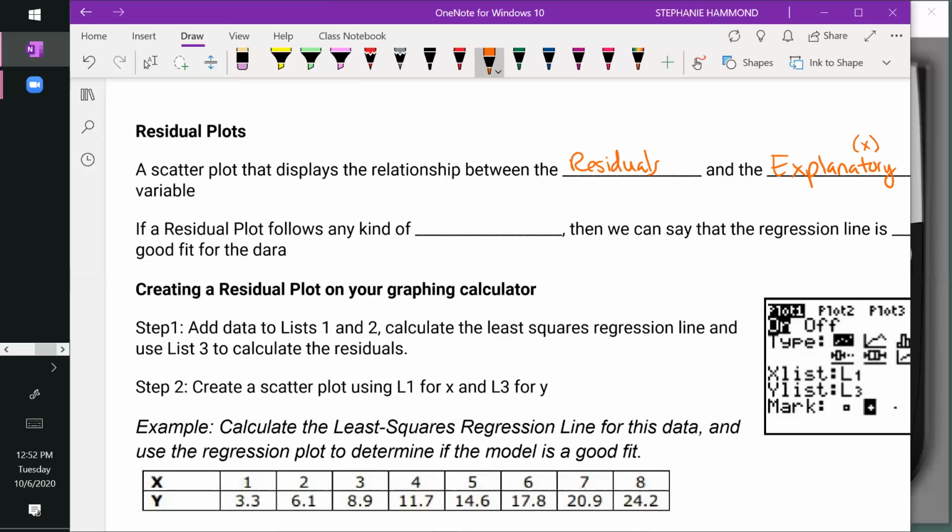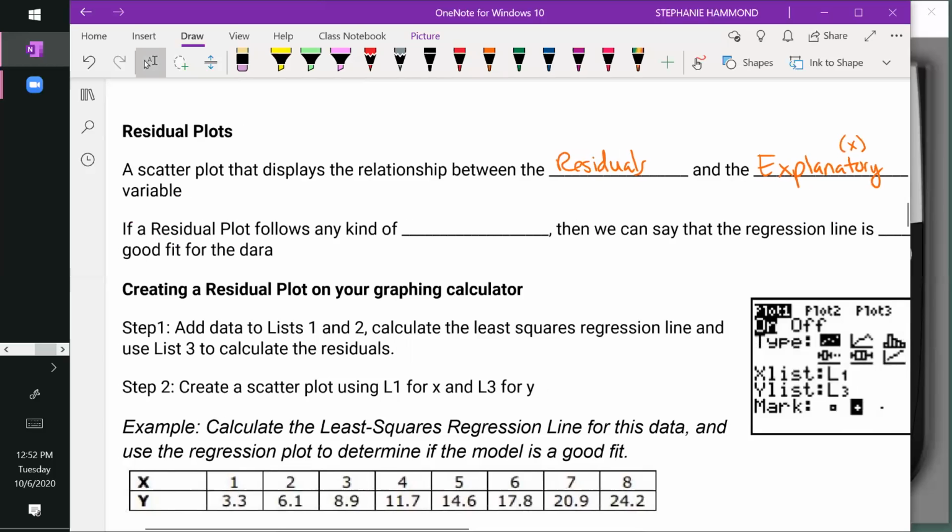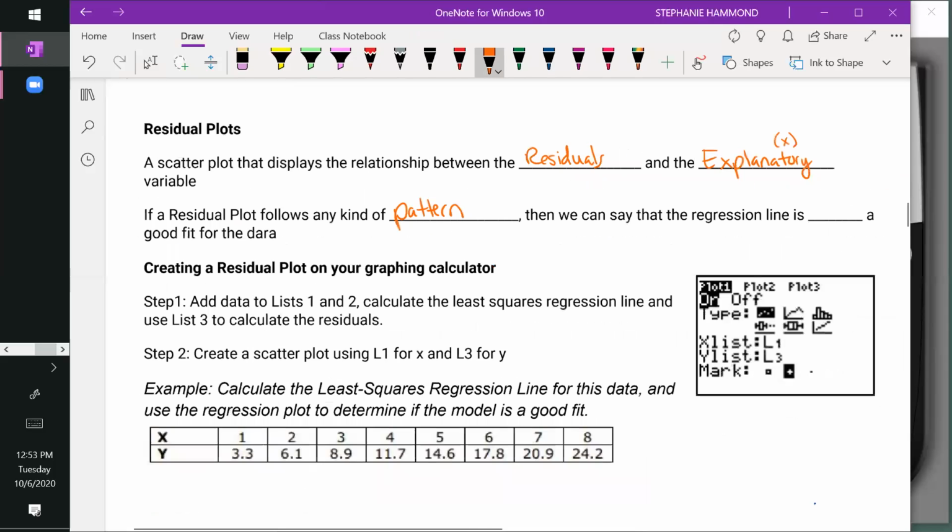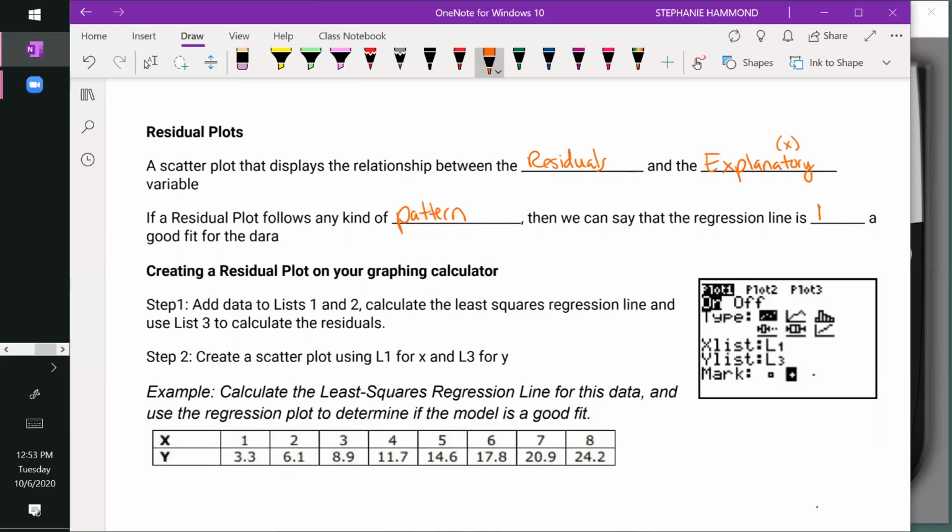A normal scatter plot shows the relationship between your explanatory variable and your response variable. So we're going to go back and change our response variable to be the residuals. And when I look at this residual plot, which is a scatter plot of a sort, if it follows any kind of pattern, then we can say that that regression line is not a good fit for the data.